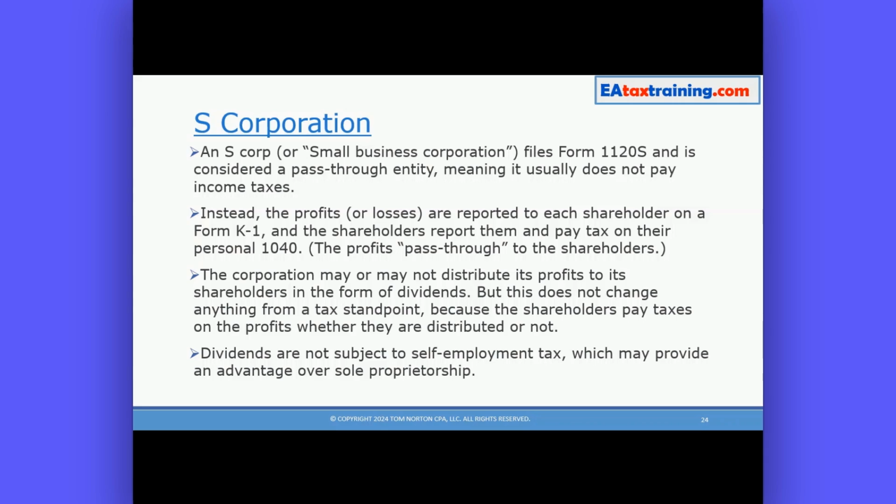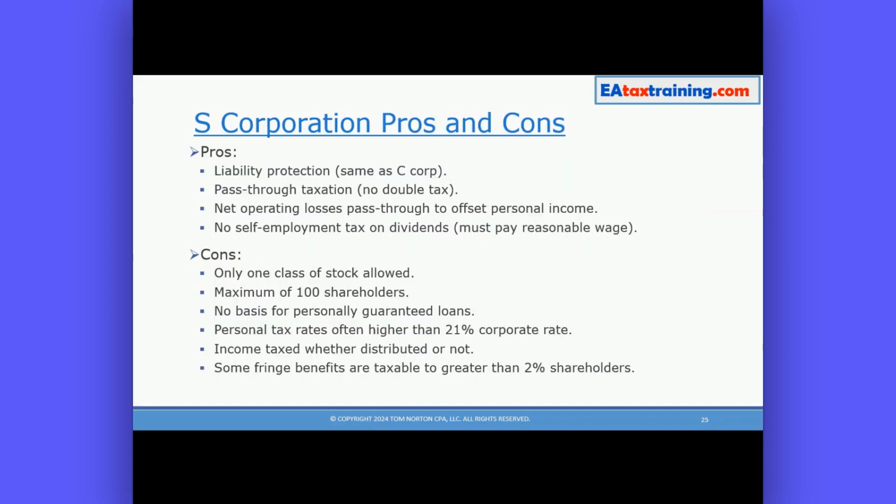So again, the shareholders may have to come up with cash out of their own pocket to pay the taxes on the profits if none of those profits are distributed to the owners. But any distributions that they do get are not subject to the self-employment tax, which may be an advantage over the sole proprietorship.